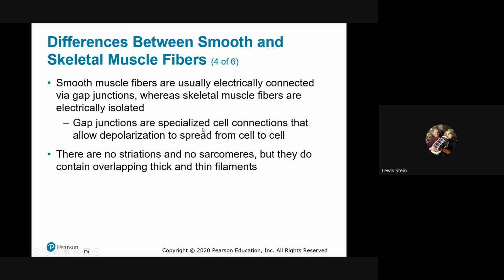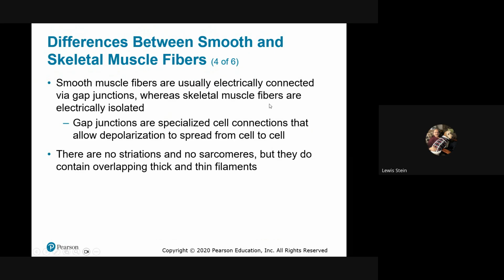The muscle fibers typically communicate with one another because, unlike the isolated nature of skeletal muscles, they're arranged in sheets of individual cells, which are not nearly as large or as complicated, I think, as skeletal muscle. So gap junctions send signals from one to another.